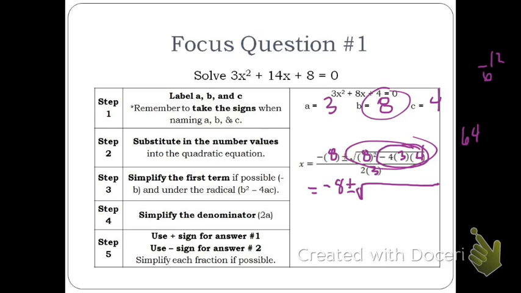Negative 4 times positive 3 is negative 12, times the 8 is negative 96. Then 196 minus 96.